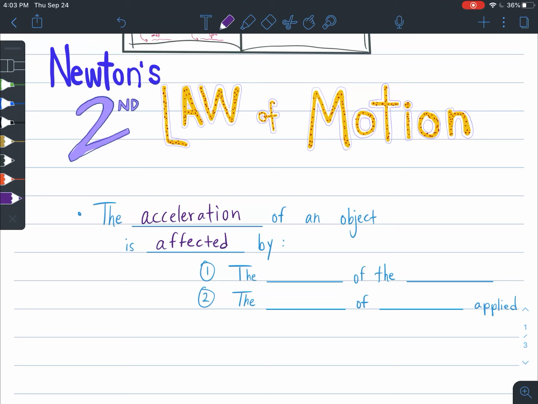So the acceleration of an object is affected first by the mass of the object. And second, the acceleration of an object is affected by the amount of force that's applied to the object.